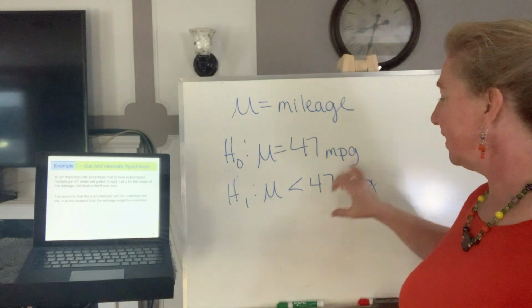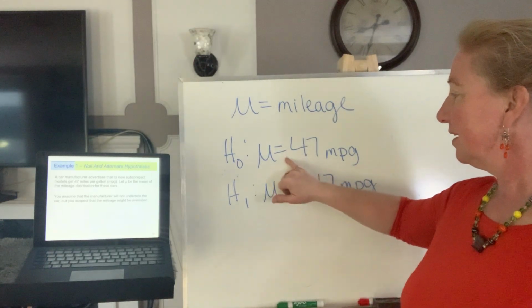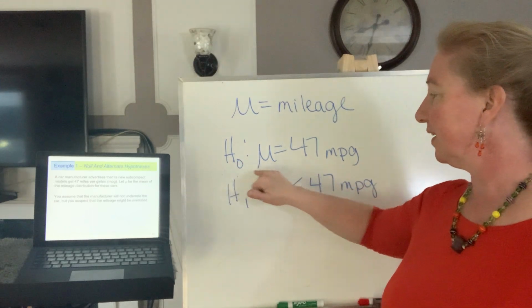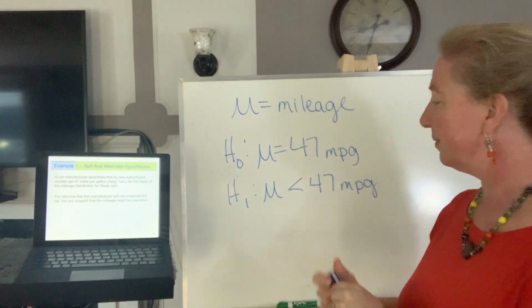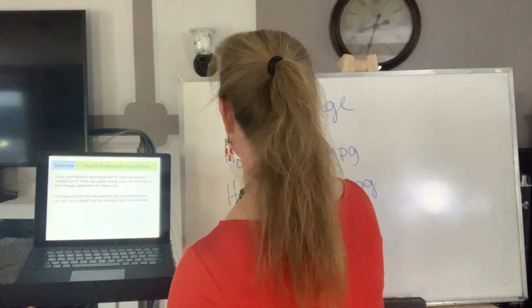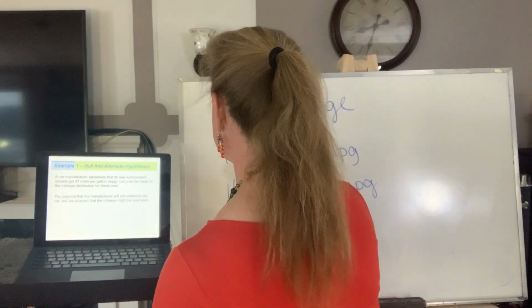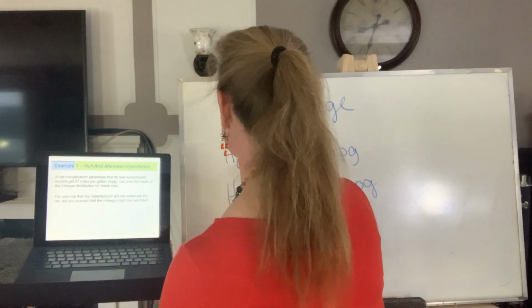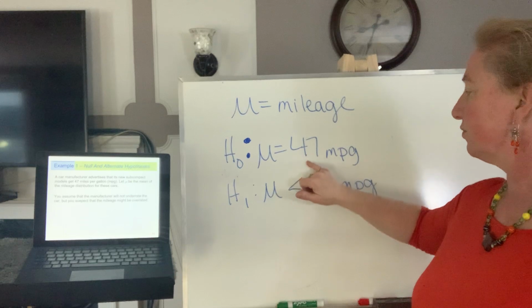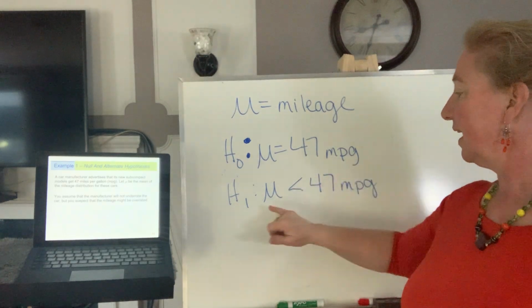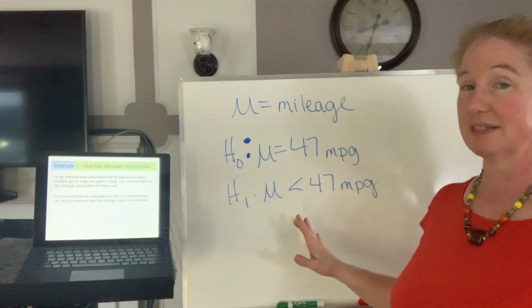By the way, really important thing: H naught colon mu, let me make that colon a little darker so that you can see it. And I am on slide 13, by the way, if you're following along. H naught mu is equal to 47 miles per gallon. I think that really it's less than that.